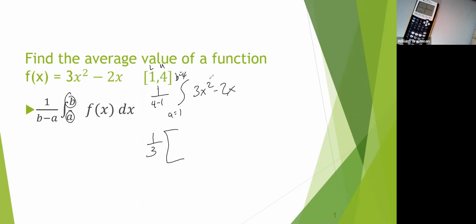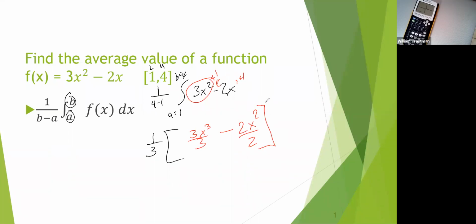So let's integrate this first. You add 1, 3x to the third power, and you divide by the new power, 3. Then we integrate 2x. There's a 1 there. If I add 1, I get 2x squared, and I divide by the new power.